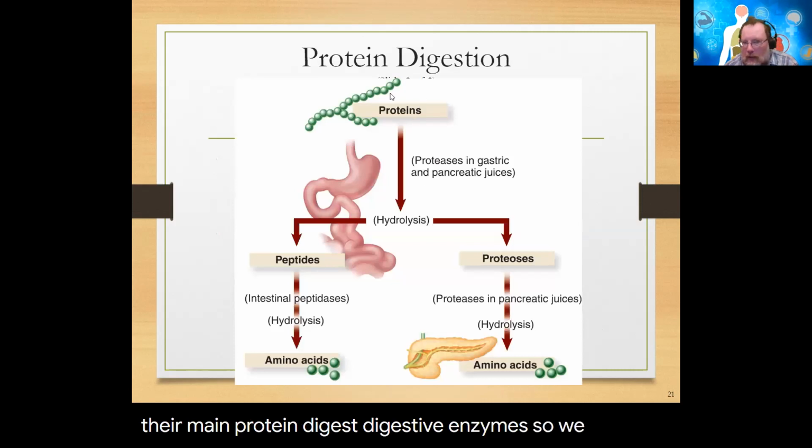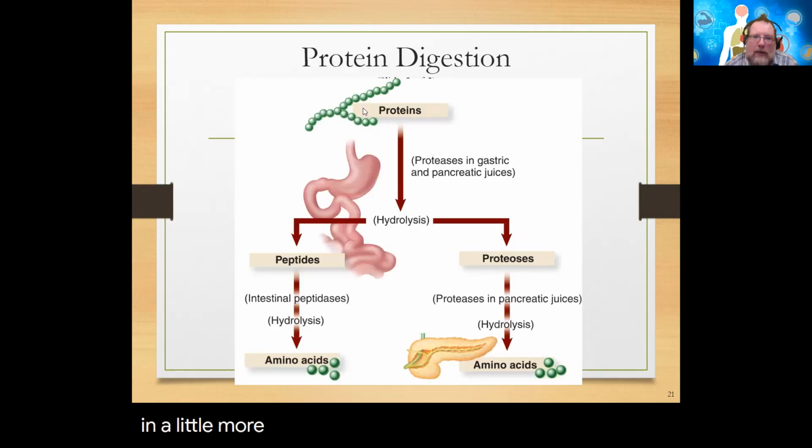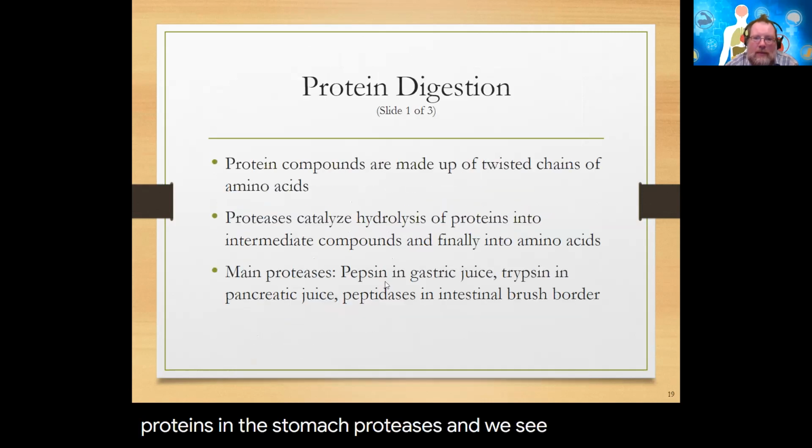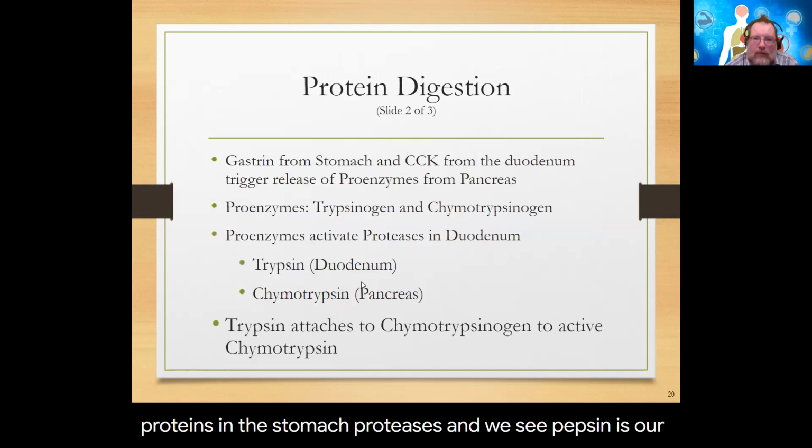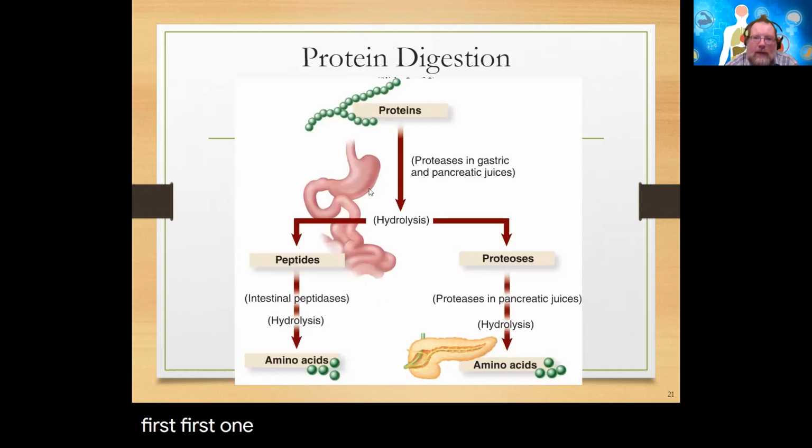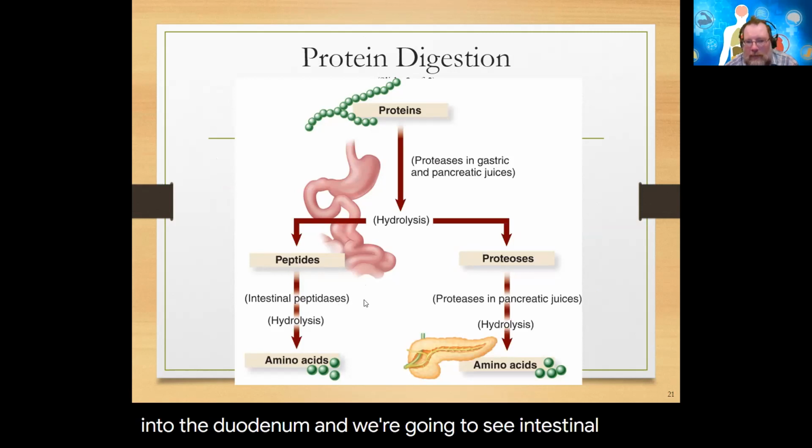So we look at it in a little more detail in a graphic. We see long chain proteins in the stomach, proteases. So we see pepsin. Okay, this is our first one. And then from there, we're going to head down into the duodenum, and we're going to see intestinal peptidases.